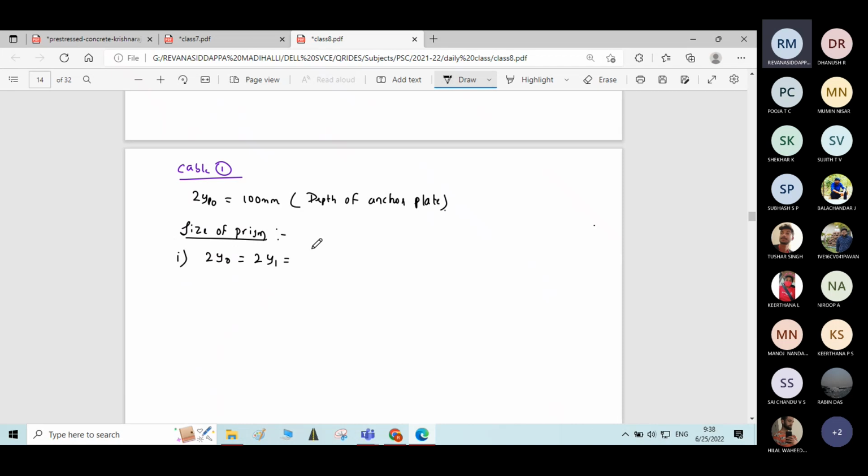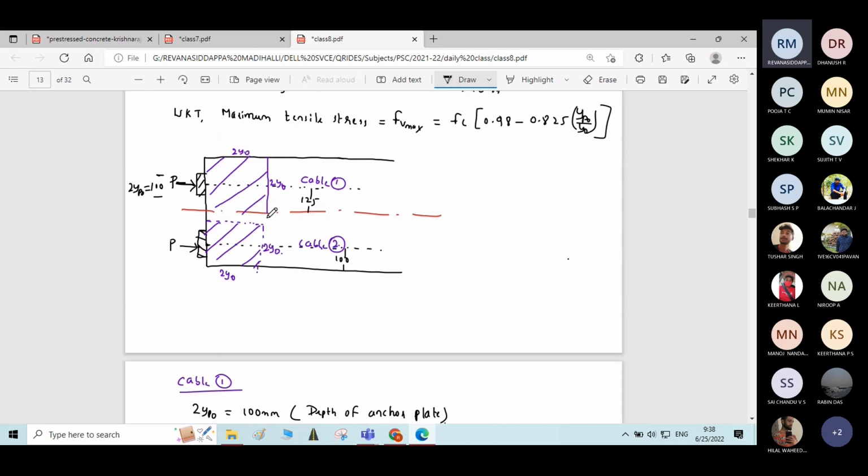So y1 is the distance of the centroid of the plate from the nearest extreme fiber.